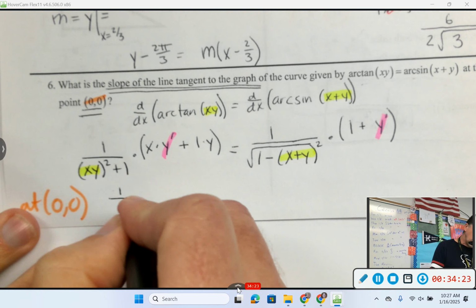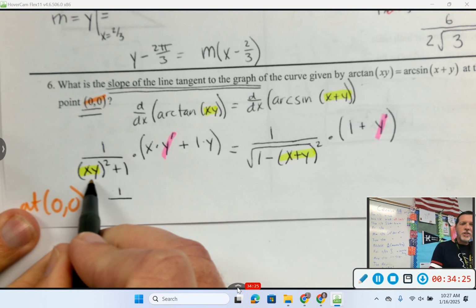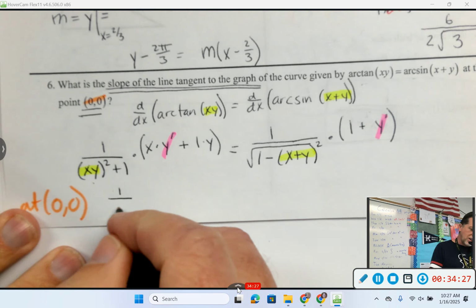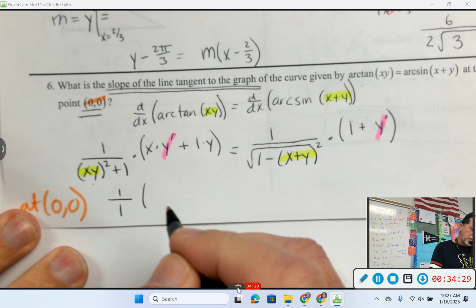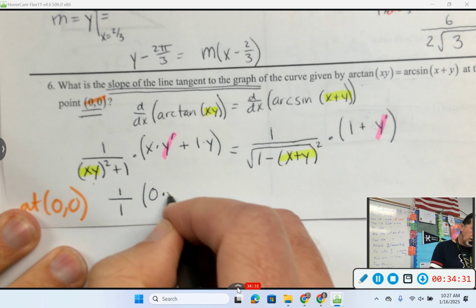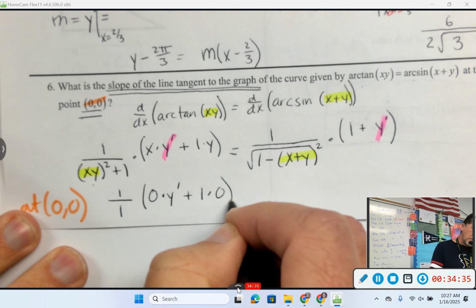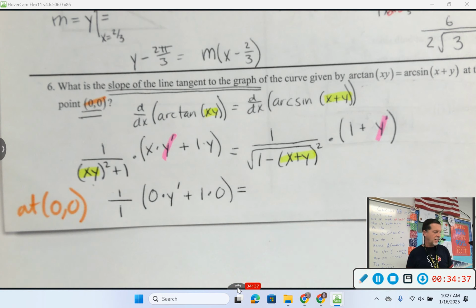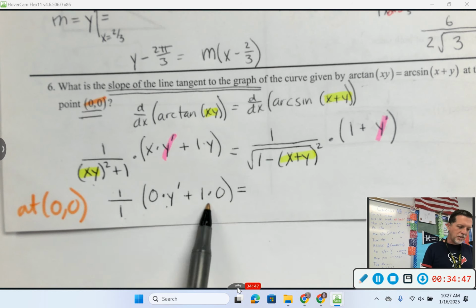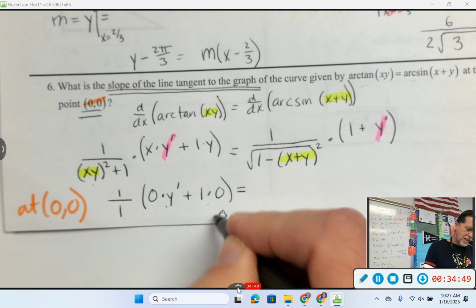So 1 over 0 times 0 squared plus 1 is 1. 0 times y prime plus 1 times 0. That's really nice. What does the whole left-hand side of my equation become now? Careful. 0 plus 0 times 1 is 0.